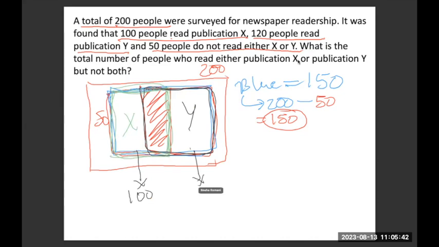Y in the black color is 120. What you have to find is the middle part here. This part is something that you have to find.